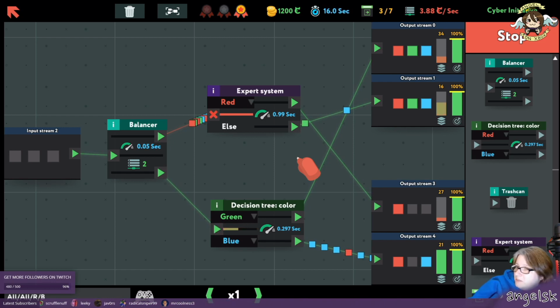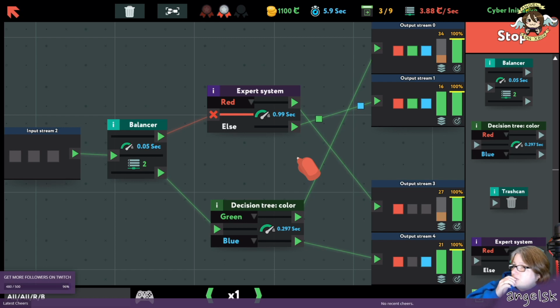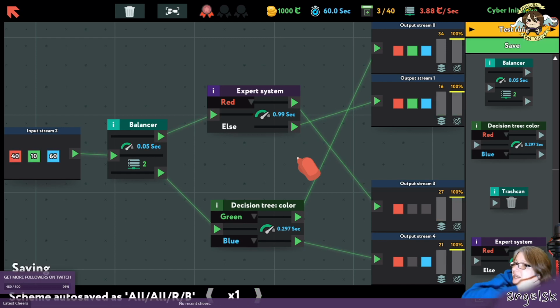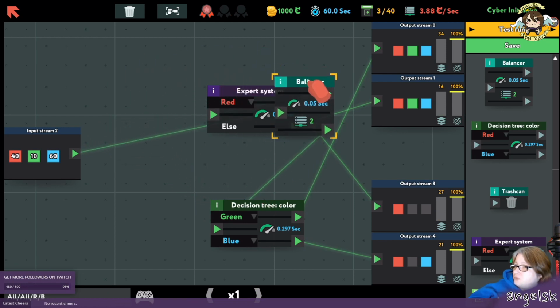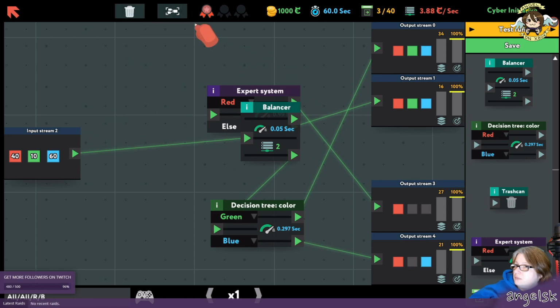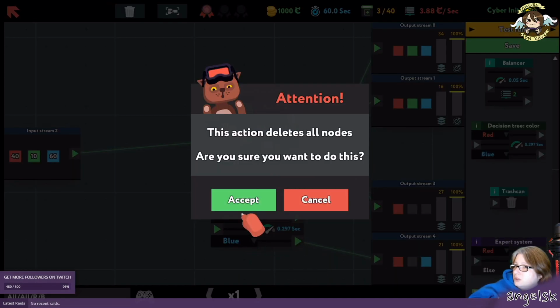What happens is they're all going into the bottom. My expert system at the top is stuck. No, the decision tree is not making good decisions. Stop. Okay, so we have 10 greens that need to go to the top. So delete all nodes.